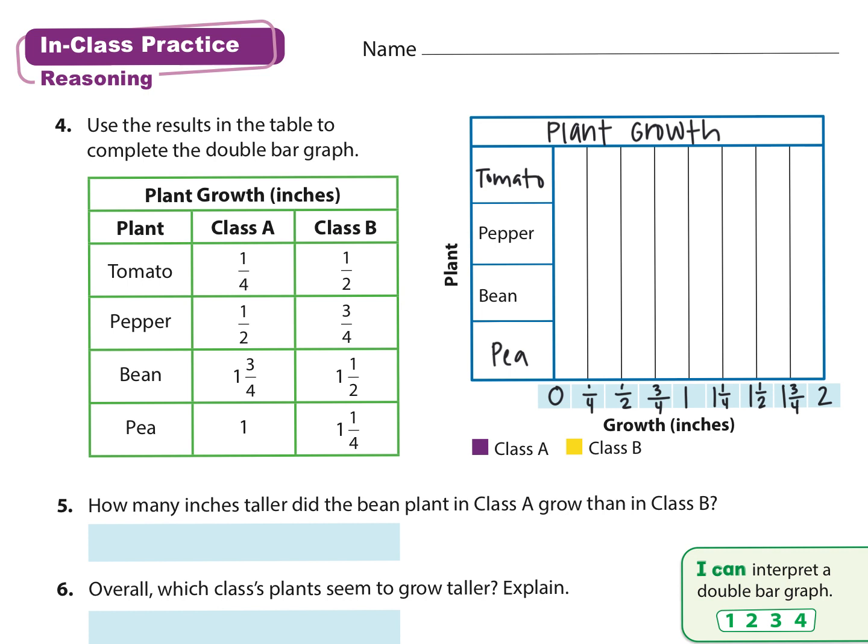1/4 for a tomato. So I'm going to go here for my tomato to represent Class A. What about Class A's pepper? Go over to a half. What about a bean?